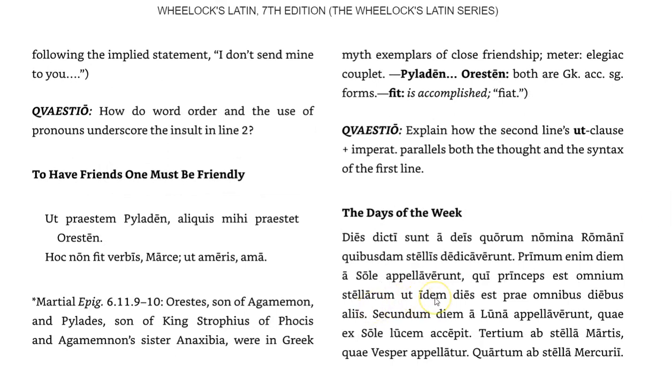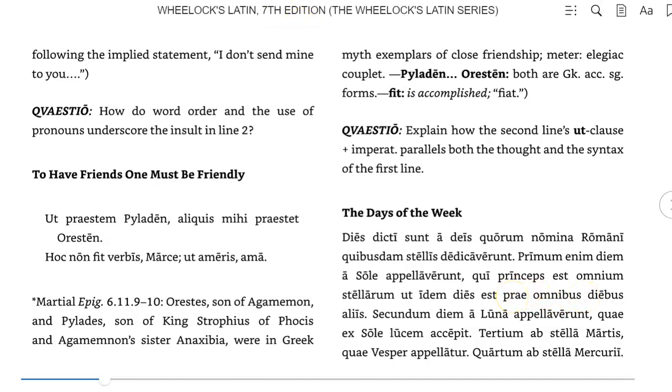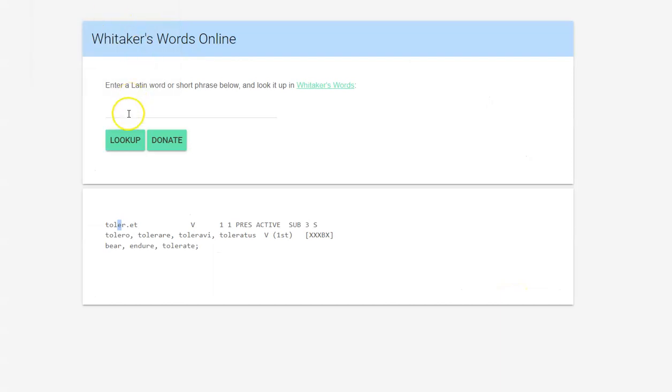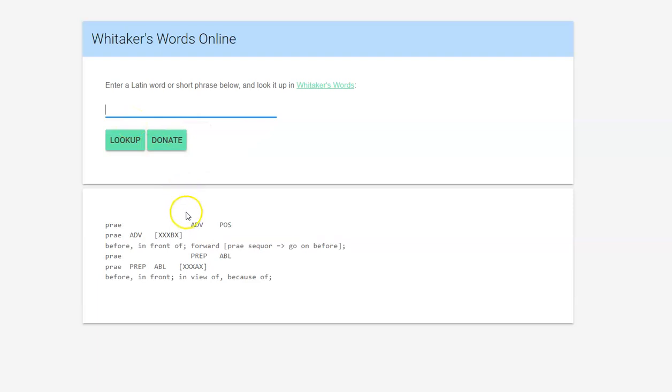So that literally the same day is the foremost among all these other days. This is probably a little interesting. I believe this is a preposition, followed by, so is the foremost before all the other stars.